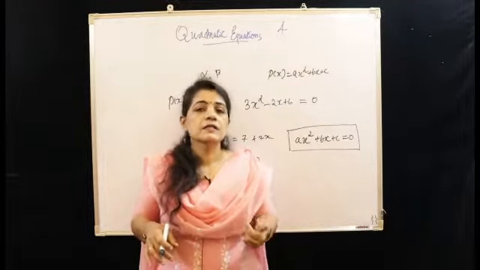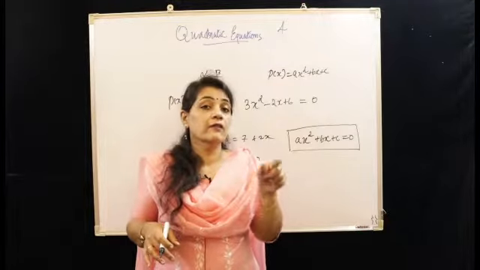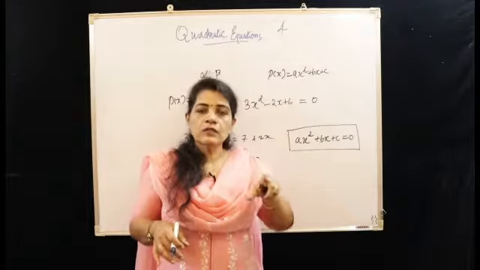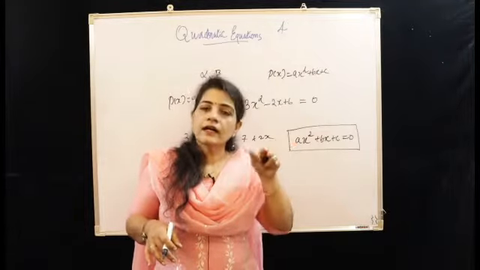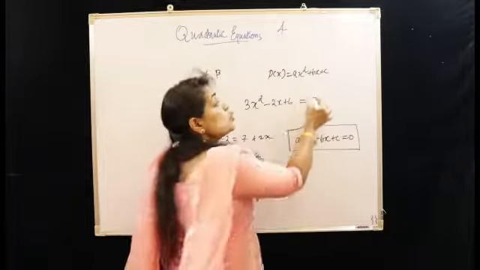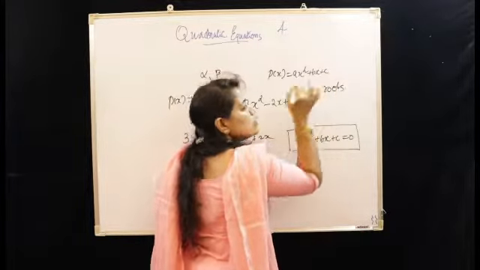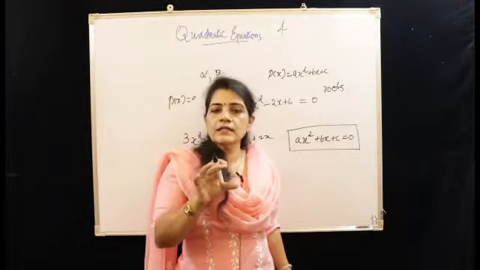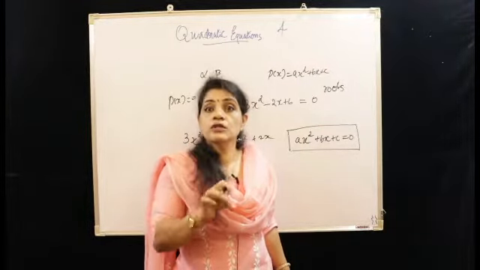Yes. Now comes the zeros of the polynomial and what they will be in the quadratic equation. Zeros or the solution, or here in a quadratic equation we are using another term, that is roots of the quadratic equation. Both are the same: roots equal to zeros, or together you can use one word, solution.